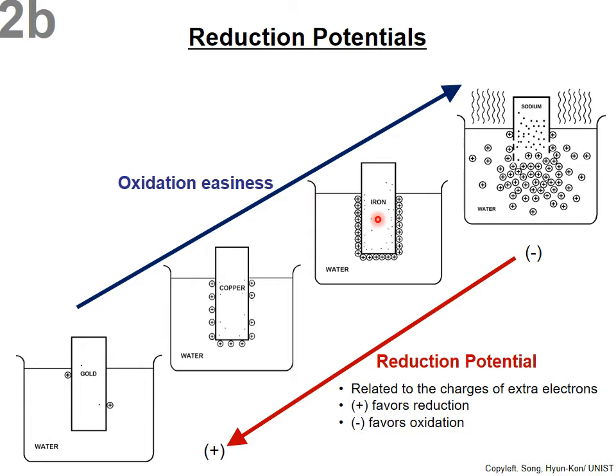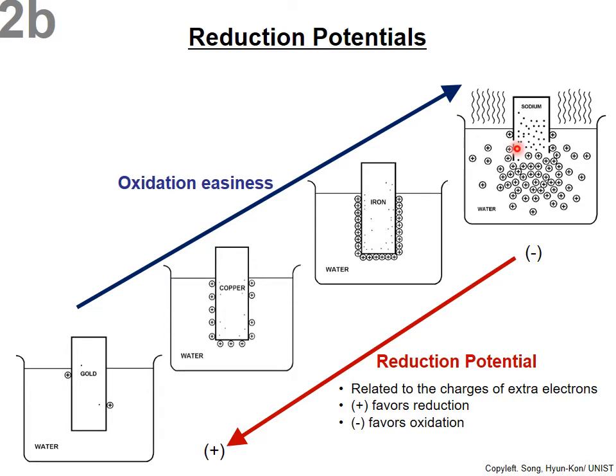Let me extend this iron case into other metals like sodium, copper, and gold. As you know, sodium is really easily oxidized and ionized in an extreme way. So we would have a lot of ionized species on the surface actually dissolved into water.